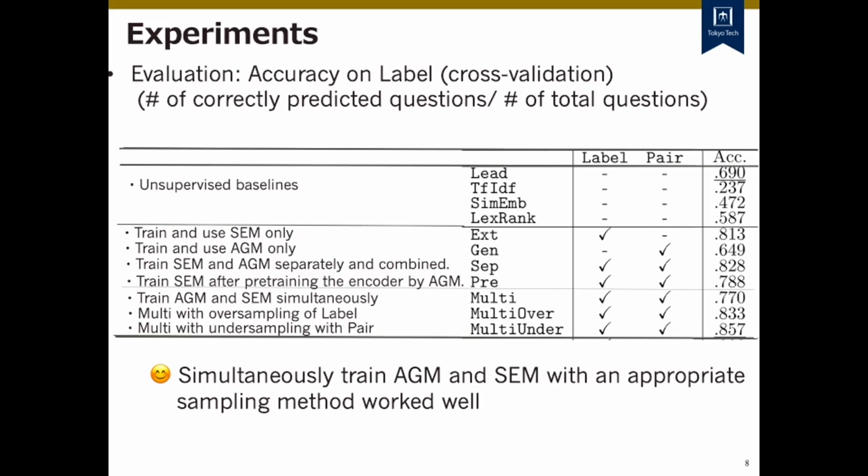As a result, we found that using question-answer pairs improved the performance if we jointly train a sentence extraction model and answer generation model with an appropriate sampling method. For further detail, please refer to our paper.